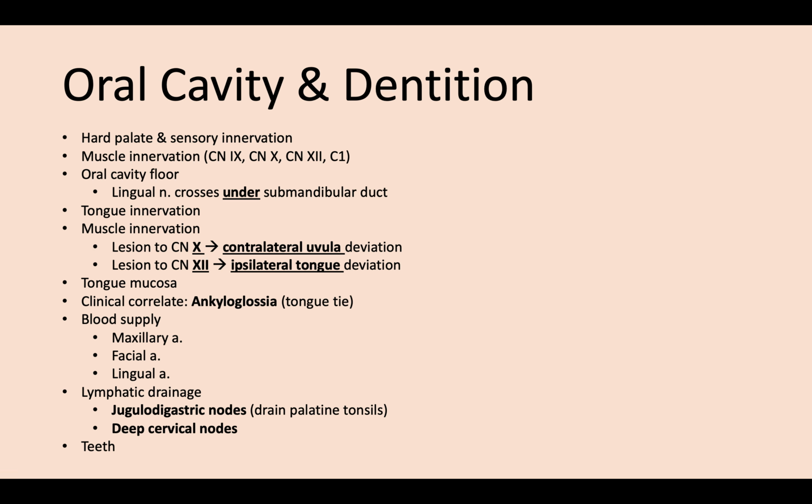So if I cut out cranial nerve 10 on the right, then my uvula is going to deviate left. If I cut out cranial nerve 12 on the left, my tongue is going to atrophy on the left, and it's also going to deviate left. Ankyloglossia is tied tongue. Our blood supply is going to be maxillary, facial, and lingual. And then our lymphatic drainage is also going to be important, and we're going to talk about that.